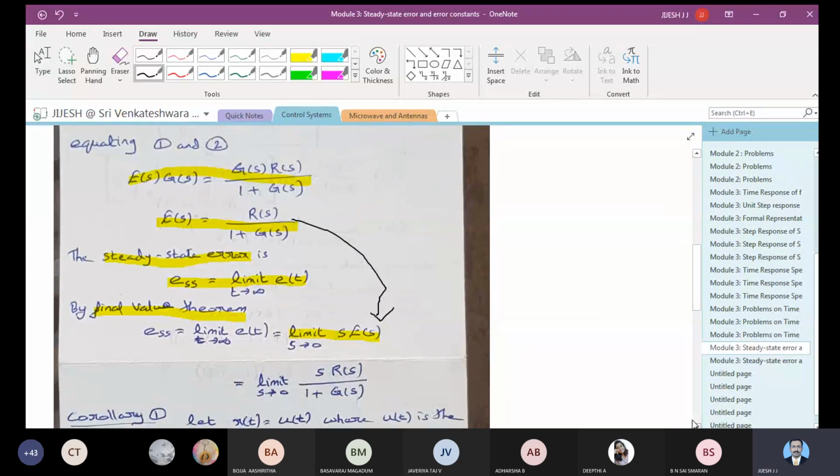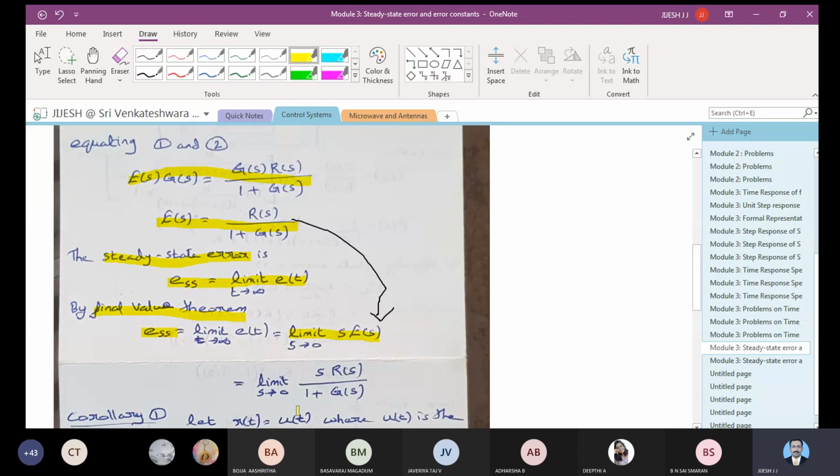So you can see that I have substituted for E of s. I get limit of s tends to 0, s into R of s divided by 1 plus G of s. So my equation for ESS is called the steady state error; SS stands for steady state.